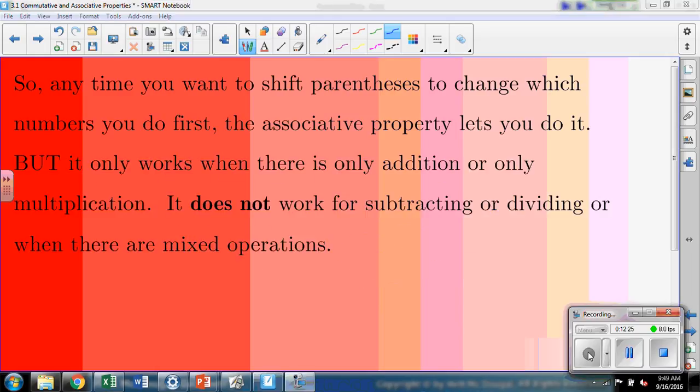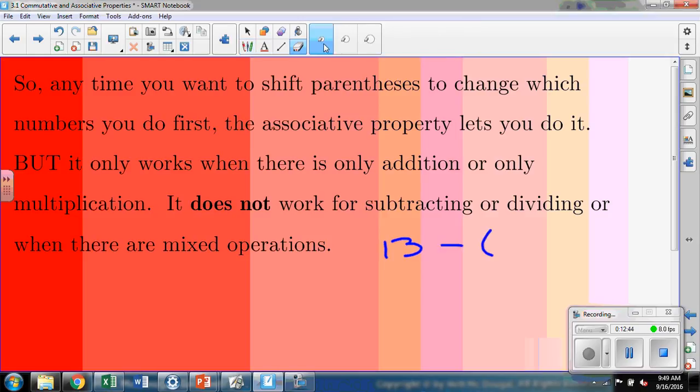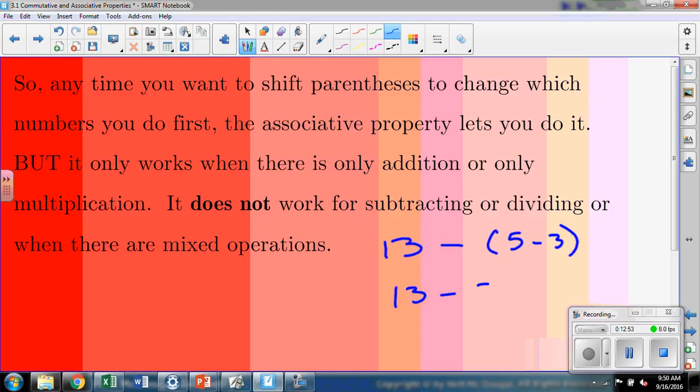All right, some other things that we did want to emphasize with the associative property. Again, this only works for addition by itself. It only works for multiplication by itself. If you had something like subtraction, where you shifted the parentheses, this will not work for subtracting.